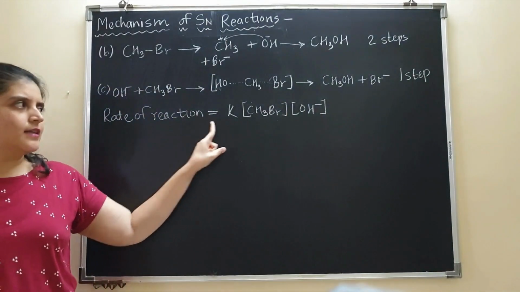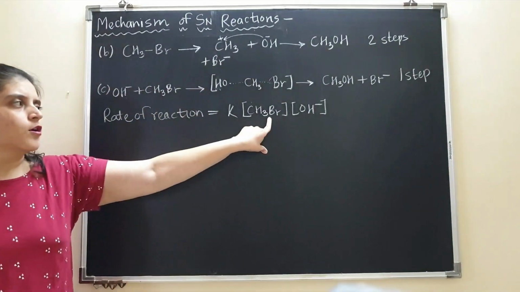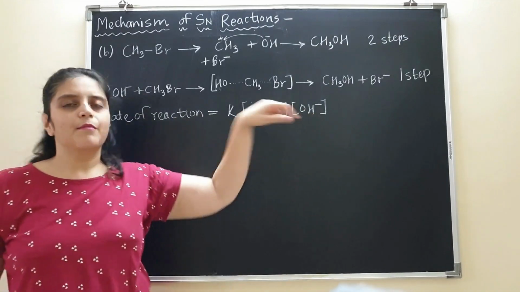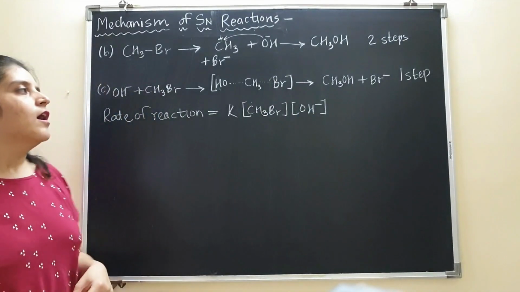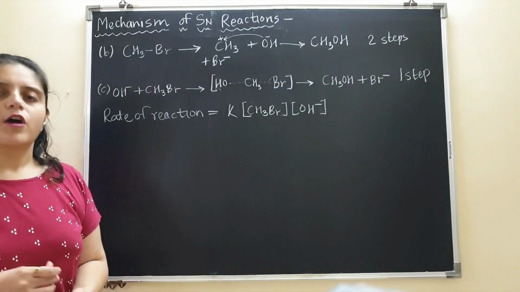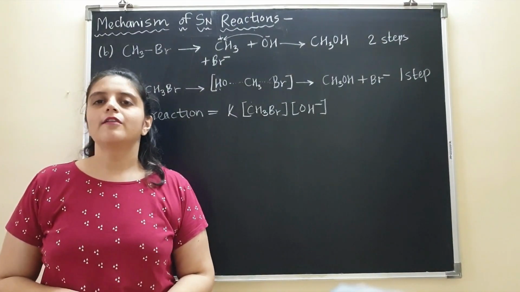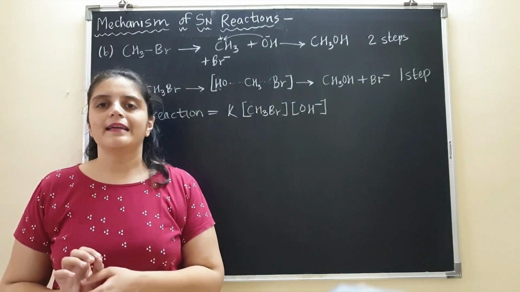Rate of the reaction is equal to K times concentration of CH3Br multiplied by concentration of OH minus. Now, we need one more concept to be understood over here, which is called the rate determining step.